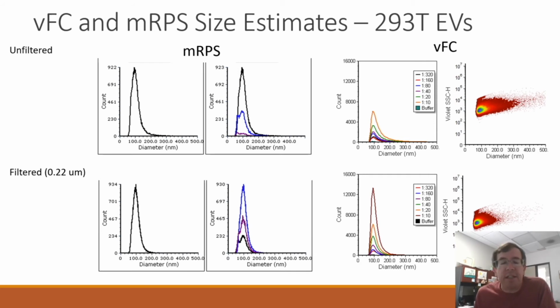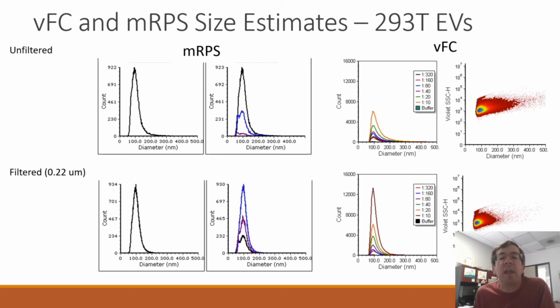The size estimates by VFC are quite concordant with these orthogonal methods. So here's an example of some 293T EVs from culture media, which have either been unfiltered or filtered and measured by RPS or VFC. You can see the size distributions.